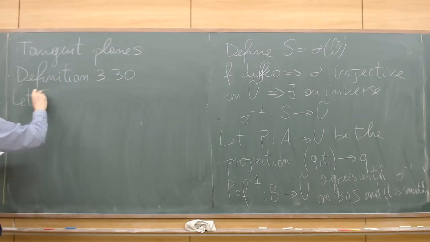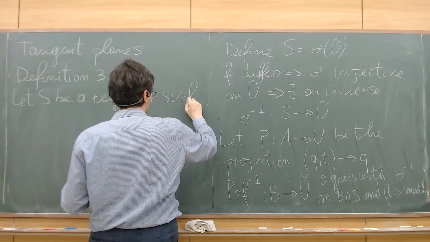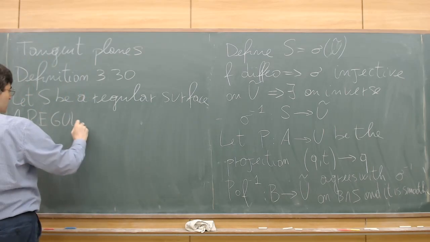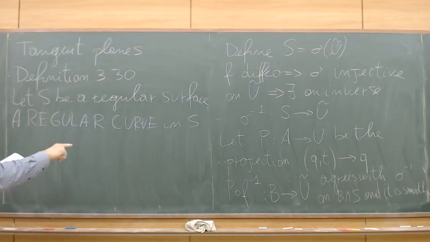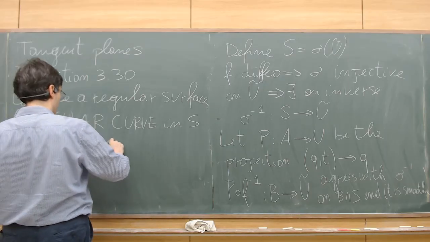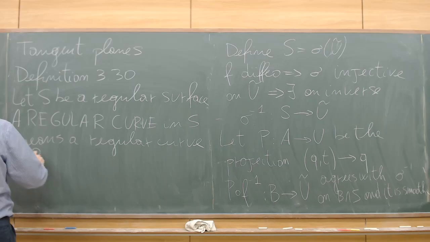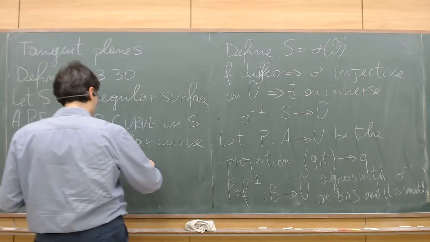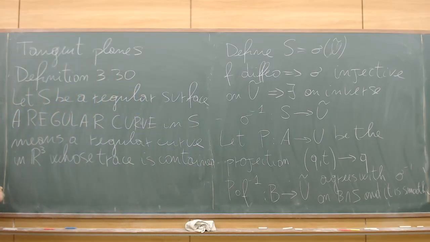So let S be a regular surface, then a regular curve in S. So this is a curve in a surface, means a regular curve in R3 whose trace is contained in S.